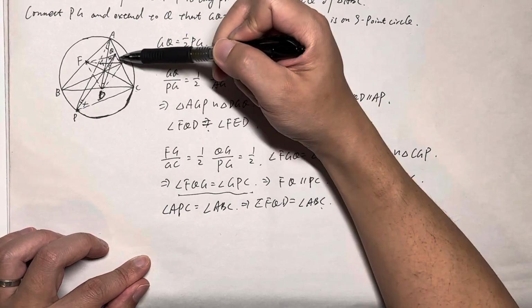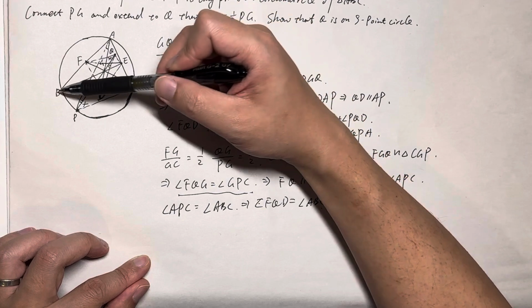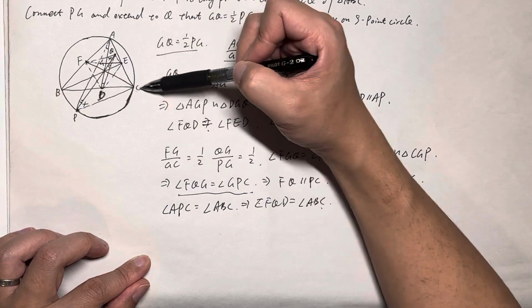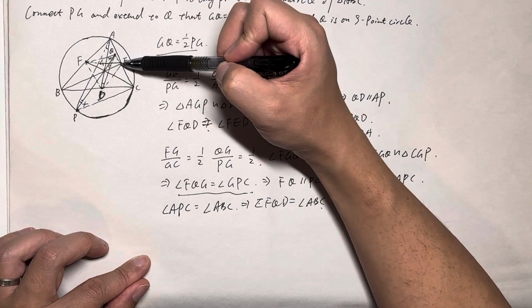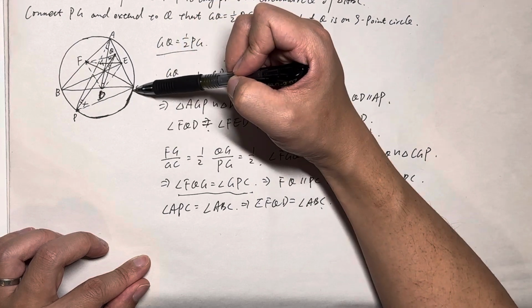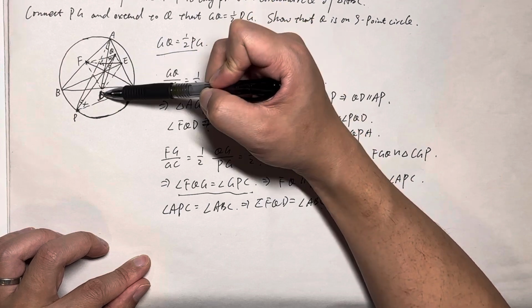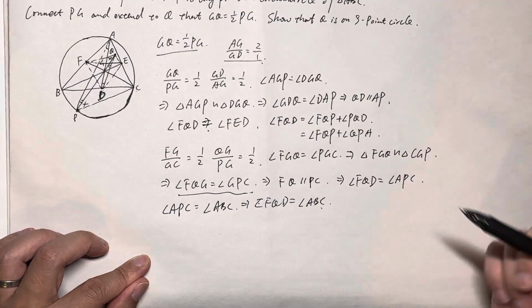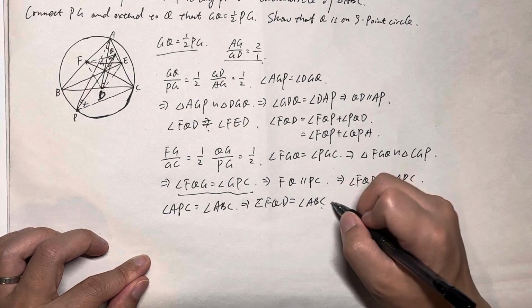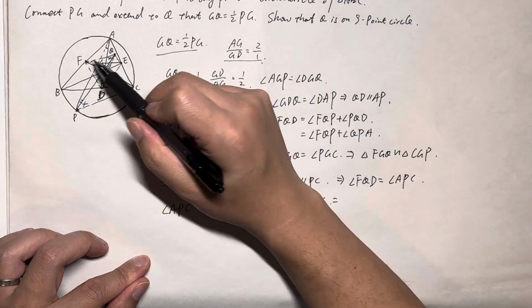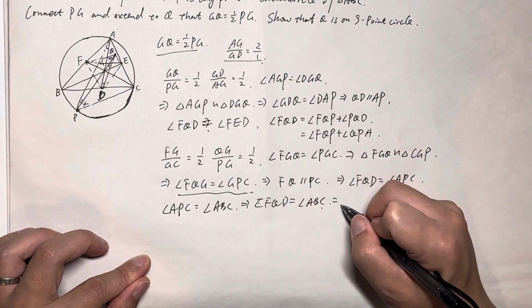And we know that F, E, D are the midpoints of edges AB, AC, BC respectively, so FE is parallel with BC and DE is parallel with AB, which means FEDB is a parallelogram, so angle ABC equals angle FED.